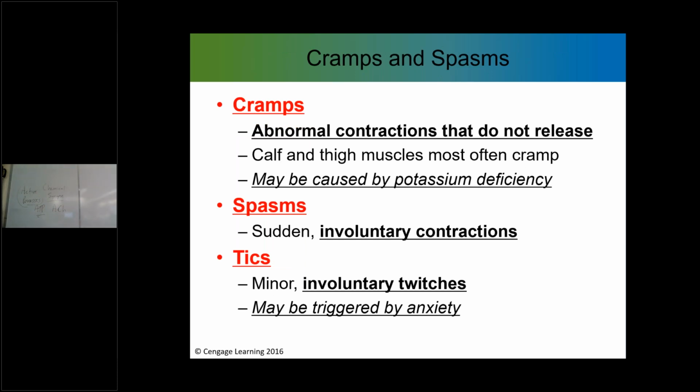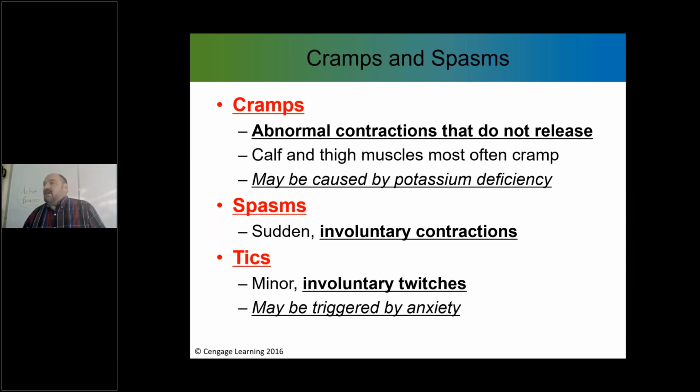The next slide here: cramping, spasming, tics. Let me start with the tics first. Sometimes people can have neurological conditions that can cause different tics, where there can be a little bit of a contracture, like a closure of the eye, like continual blinking, or one side of the face can kind of tighten up a little bit.